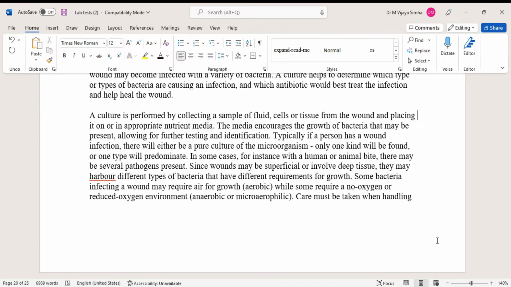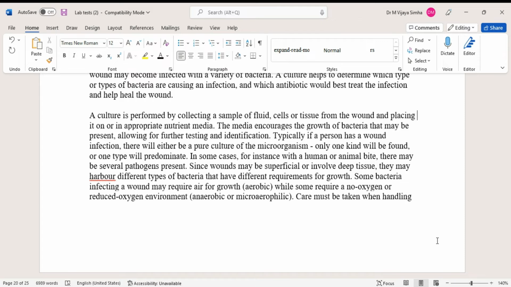Since wounds may be superficial or involve deep tissues, they may harbor different types of bacteria that have different requirements for growth. Some bacteria infecting a wound may require air for growth, aerobic, while some require a no oxygen or reduced oxygen environment called anaerobic.